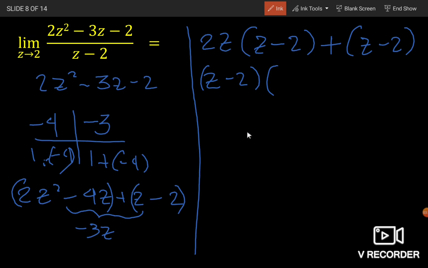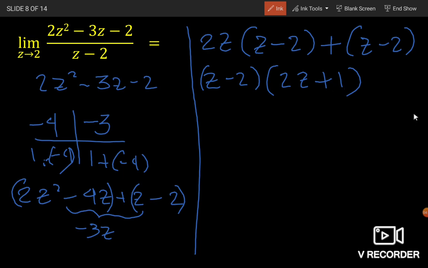So this will now be 2z, and then this one, z minus 2 divided by z minus 2, you will get 1. So we factored out the greatest common factor of this expression, which is z minus 2, and then this is multiplied by 2z plus 1. So now we can express this numerator as z minus 2 multiplied by the quantity 2z plus 1.